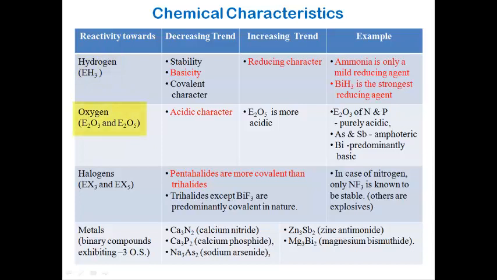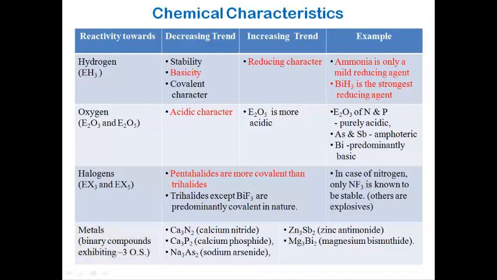With oxygen, it gives E2O3 and E2O5, two types of oxides. Even with halogens, it is EX3 and EX5, showing +3 and +5 oxidation states. And with metals, it forms binary compounds exhibiting only +3 oxidation state.